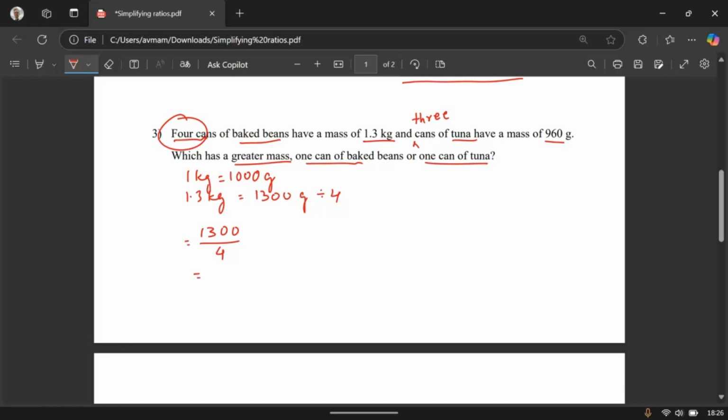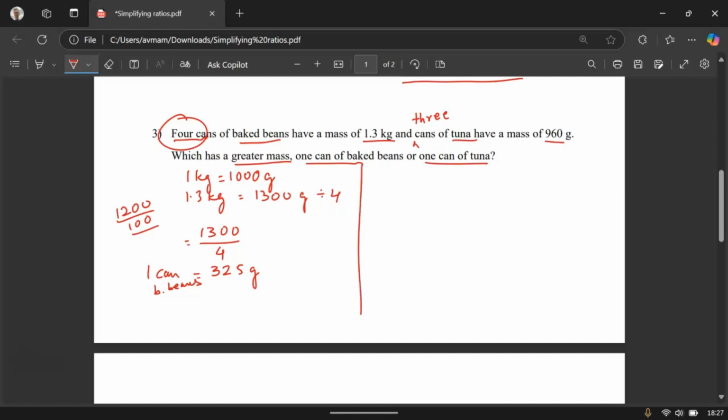If you take 1200 separately and 100 separately, when you divide 1200 by 4, that is going to give you 300, and when you divide 100 by 4, that's going to give you 25. So your final answer is 325 grams. That's for 1 can of baked beans.